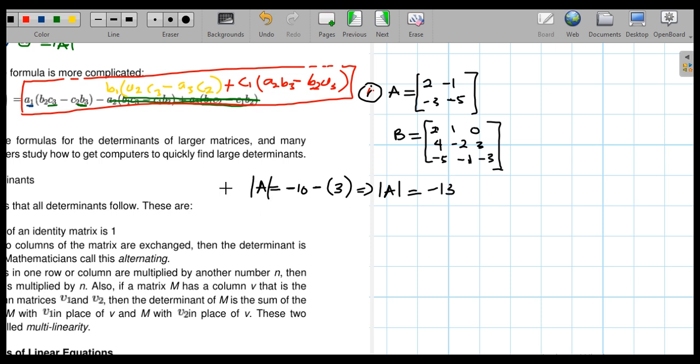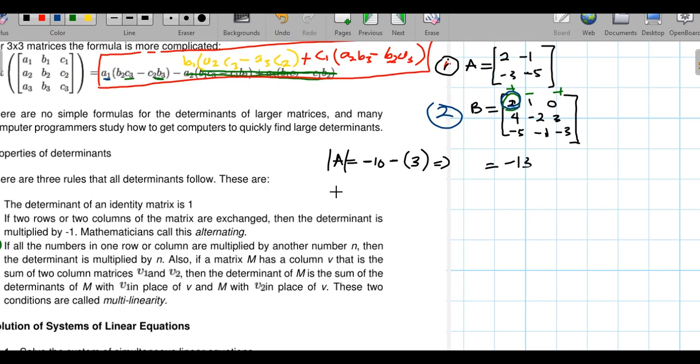So that is the first example. Let's look at the second example. Now let's take the determinant of B. The first element we have here is 2, so we are going to have 2 into, leaving this row and column, minus 2, minus 1, 3 and minus 3.